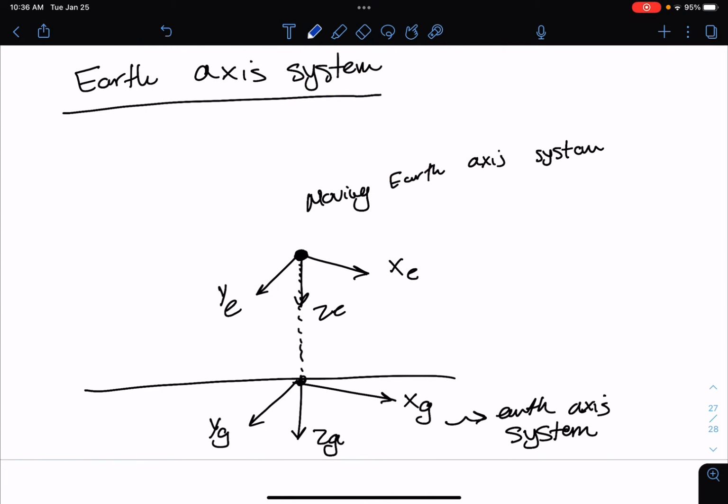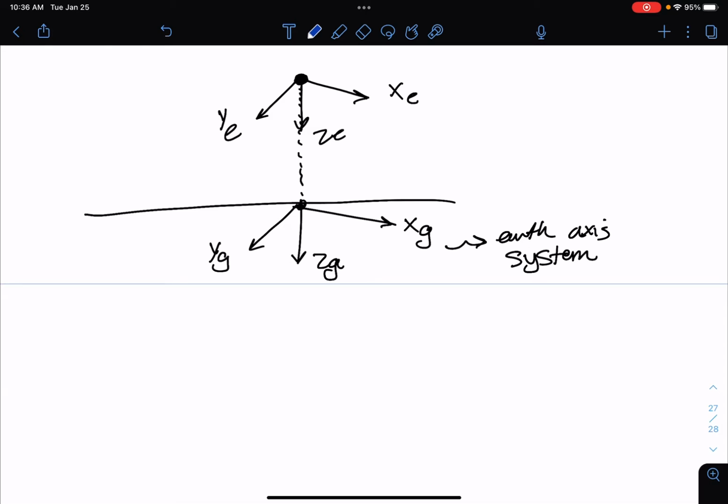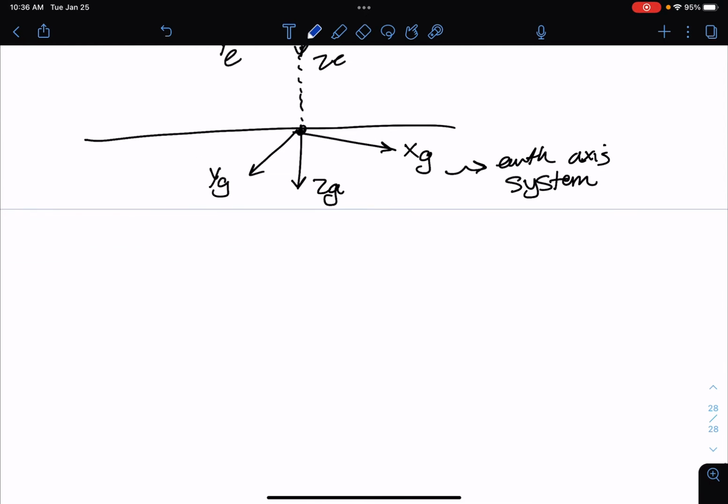Next one is called the body axis system. I'm going to draw here. Let's say this is your aircraft, center of gravity.